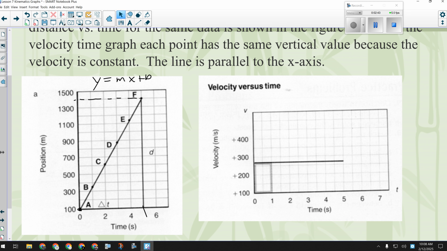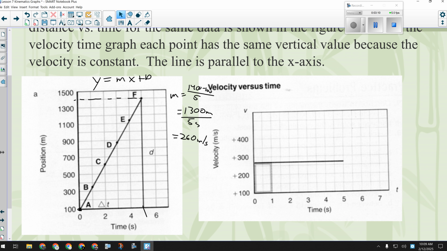Everybody okay with that logic? So if I go m equals 1400 minus 100 divided by 5 seconds, I'm going to have 1300 meters divided by 5 seconds. I believe that's 260 meters per second. My mental math is okay. All right, everybody okay with that?